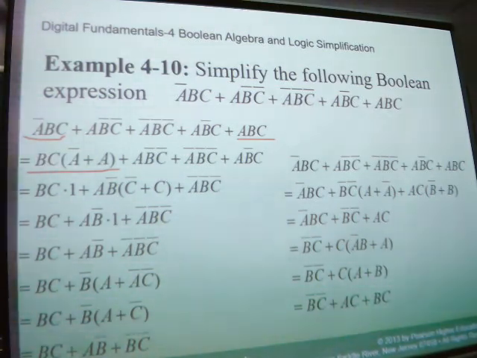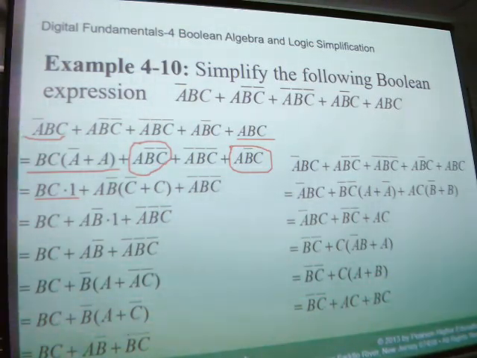And then A bar plus A equals 1. So it equals BC and 1. Then AB bar C bar and AB bar C also have common factor AB bar.